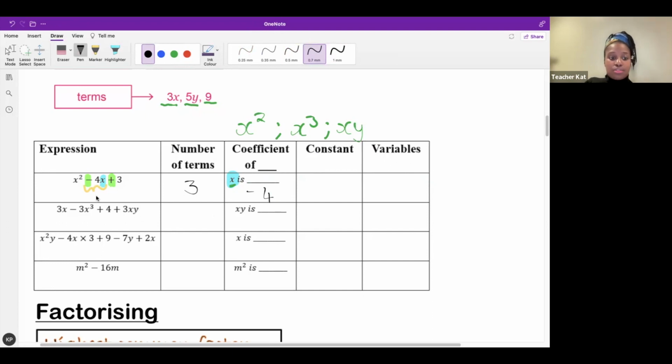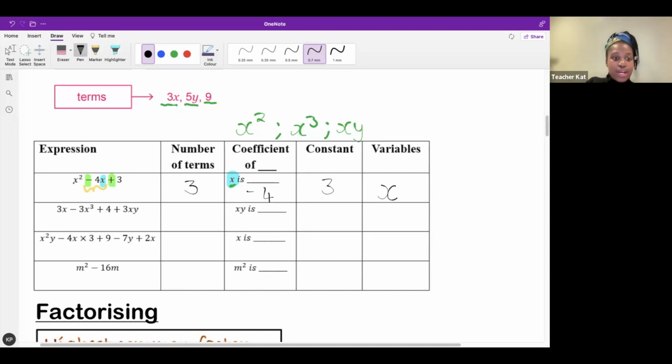What is my constant for the first one? The number that will not change even if x changes. That is nice, +3. Thank you, guys. And then what about the variable here? I only have x. Okay, x is the same variable.